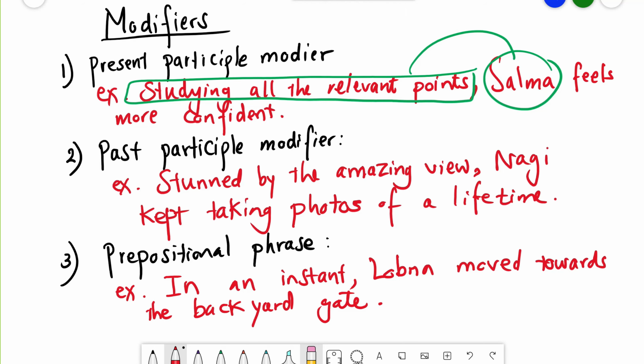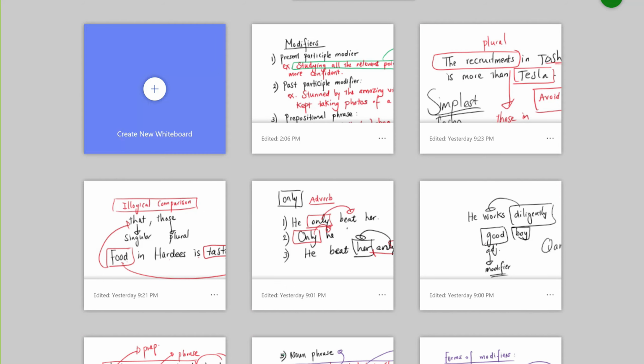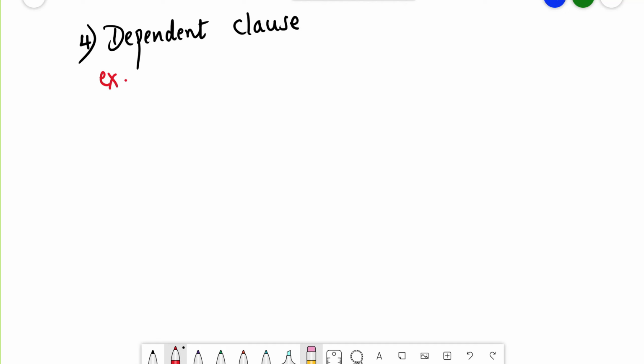Let us go to number 4. Number 4, the modifier could be what? Dependent clause. And Nuran, I can say this.